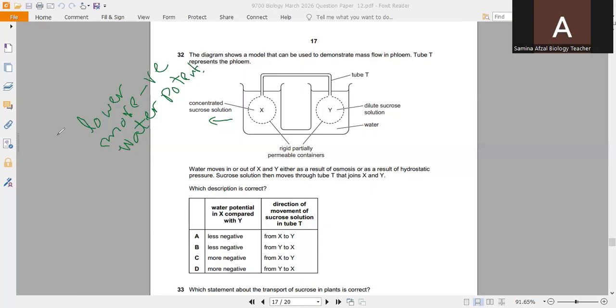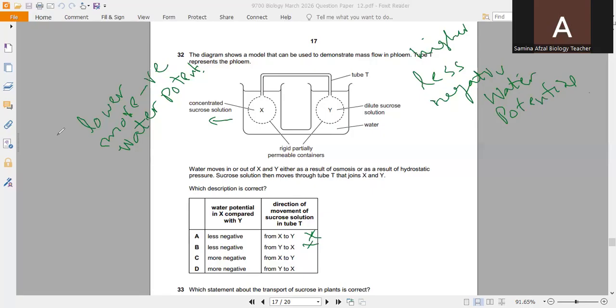Y contains a dilute solution, so it has a higher, less negative water potential. Therefore, the water potential in X compared with Y is more negative. So it is not less negative; options A and B are not correct.